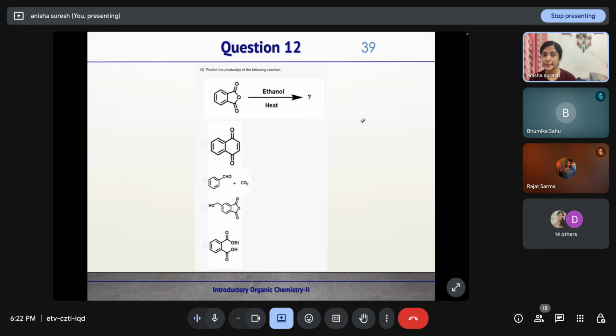Now coming to question number 12. Predict the product of the following reaction. So we are having an anhydride here. It is treated with ethanol and heated. So what will be the product that is forming in this case?